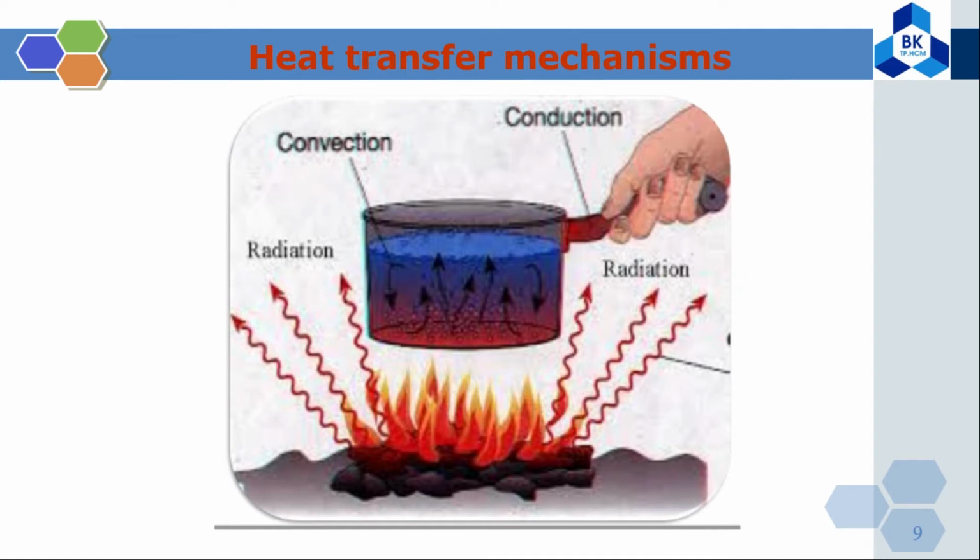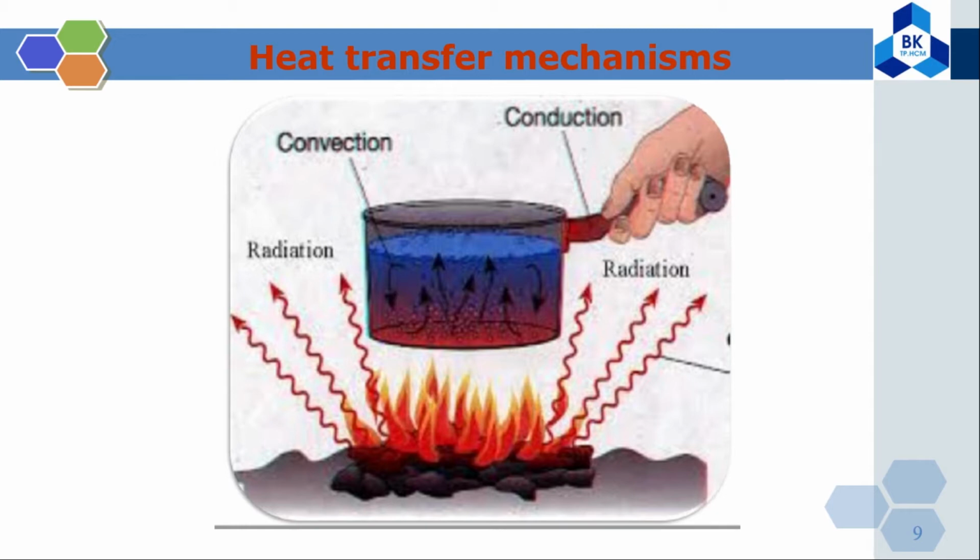This picture shows that normally there is not just one kind of heat transfer mechanism, but a combination of two or even three kinds of heat transfer. Look at this example.